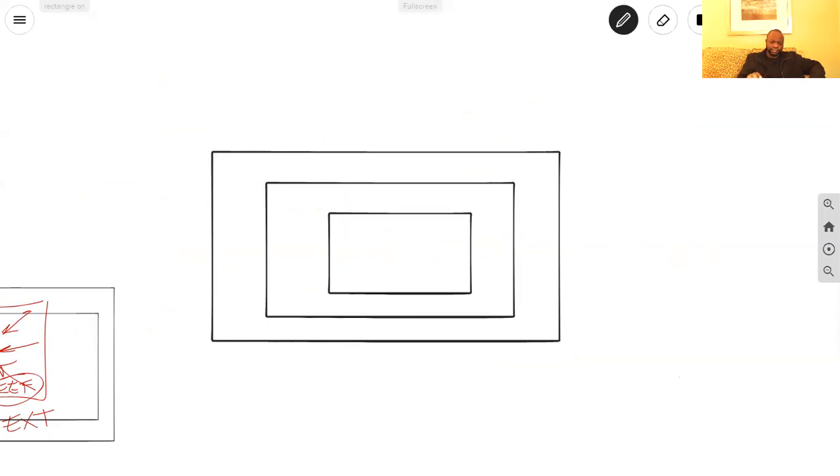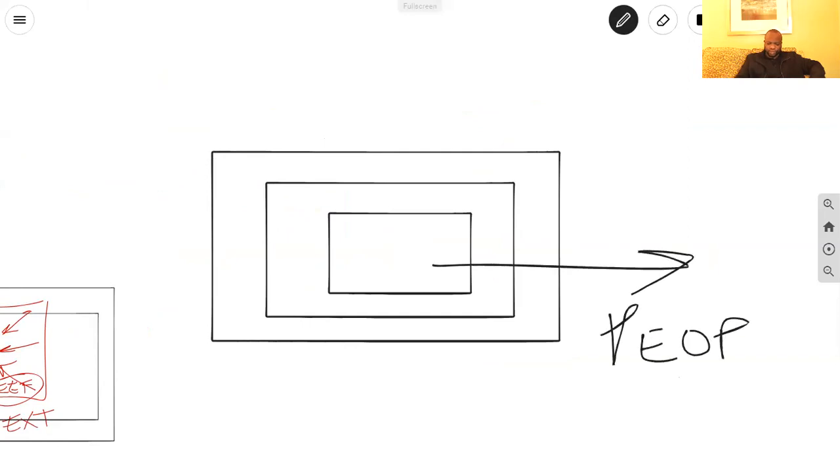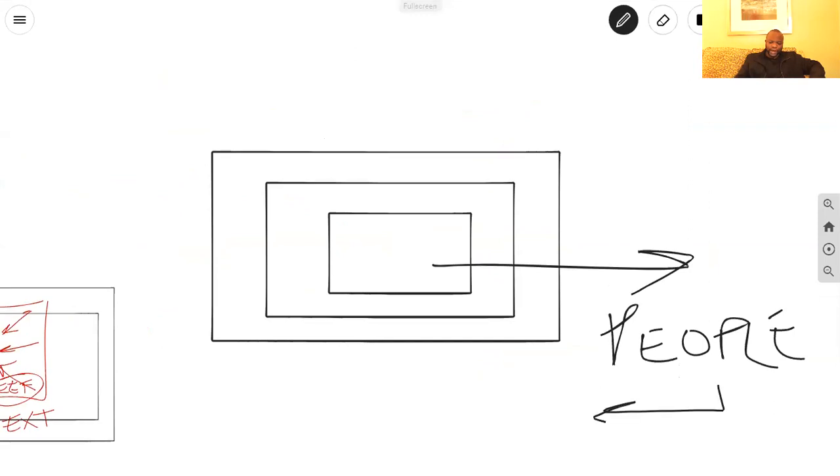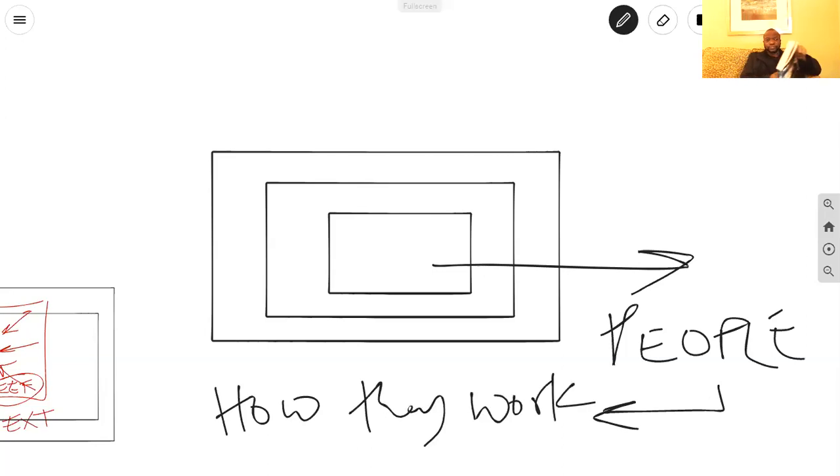This system and how it is made up is going to impact the people and how they work. How they work. That's the summary.